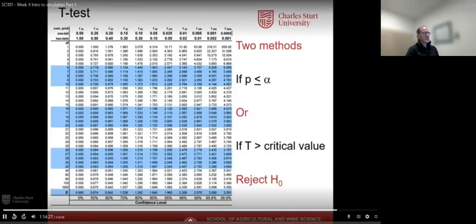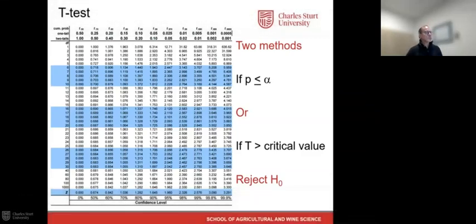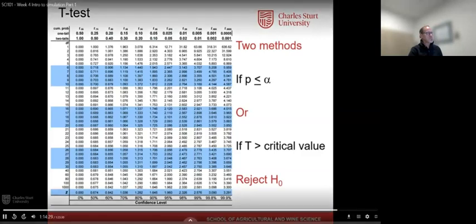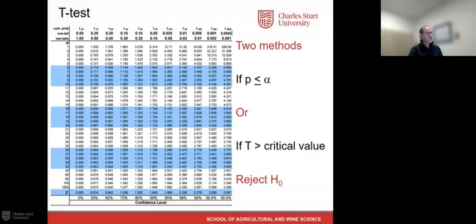We can use our t-test table, or our t-table, to identify our t-critical value, which we can then see how our t-score compares against. And as I said before, if our t-score is greater than our critical value, then we can reject our null hypothesis, which means we can then accept our alternative hypothesis.